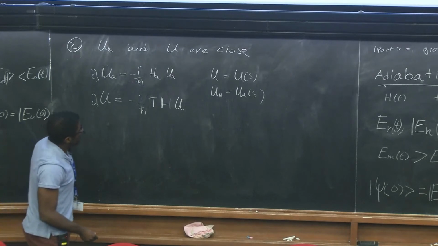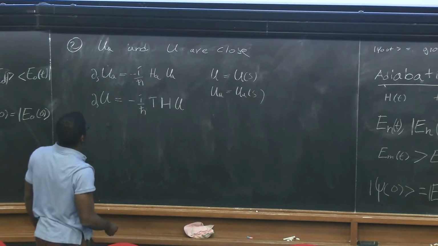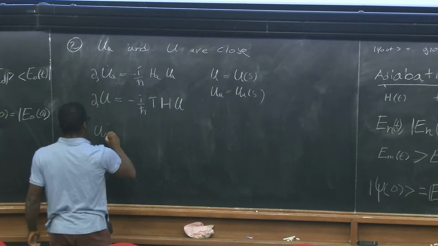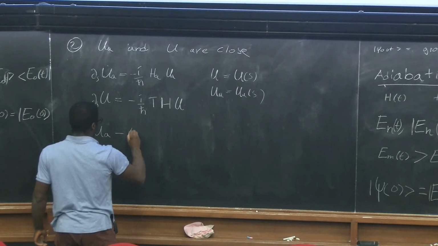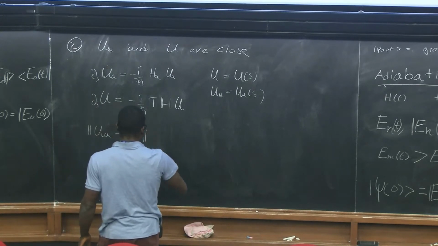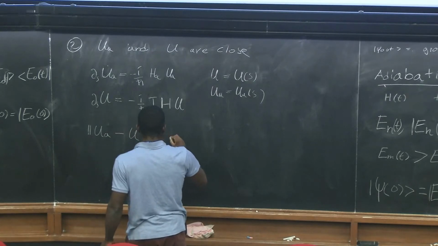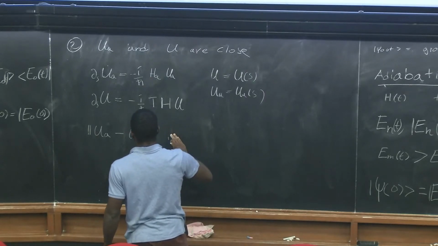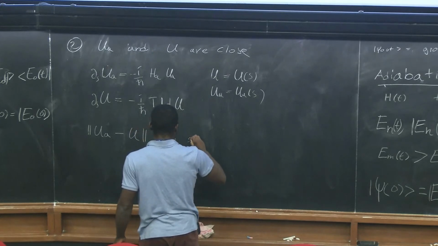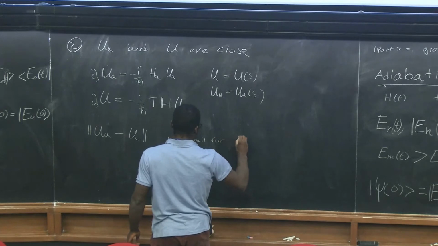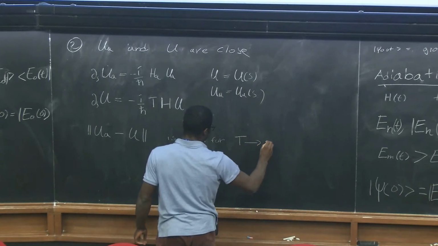And the idea is that I want to show from this that U_A minus U should be small for T that goes to infinity.